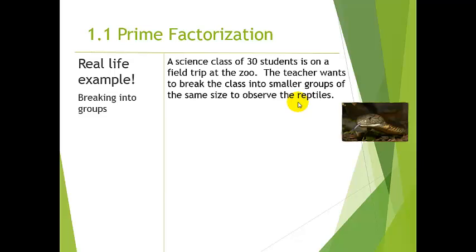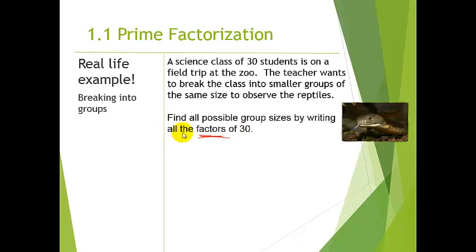If we can break, like we usually break our classes into groups of 4, groups of 5, depending on how many students there are. So it's asking us to find all possible group sizes by writing all the factors of 30. Now remember, a factor is what times what gives me 30.